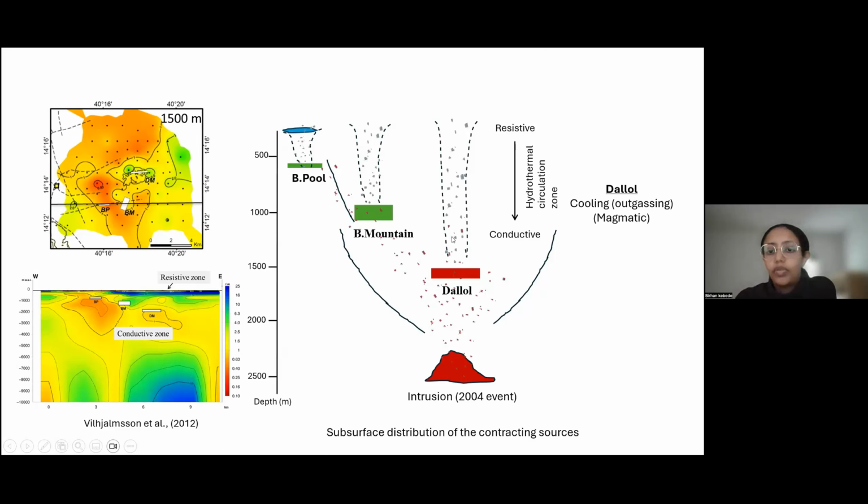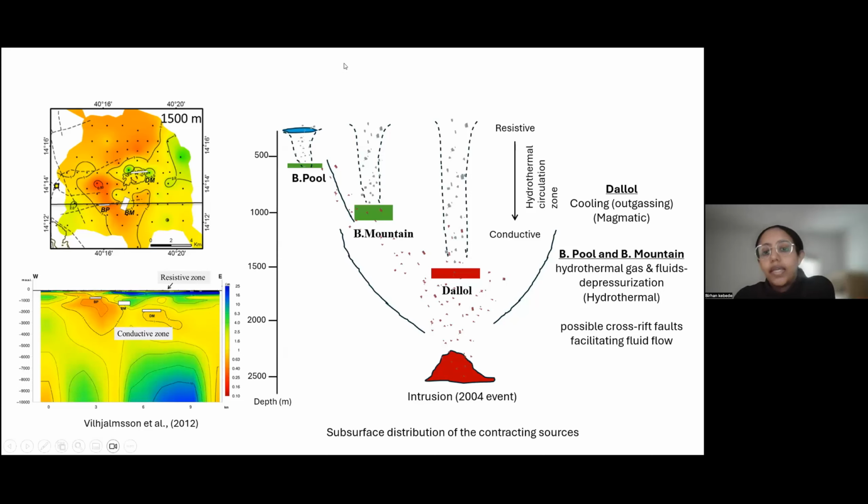And on top of it, of course, we have a hydrothermal circulation zone as depicted from the image. In Black Mountain and Bubbling Pool, since they are within the high resistive zone, we can interpret it as a hydrothermal area. So the subsidence in these two areas is potentially caused by hydrothermal depressurization.